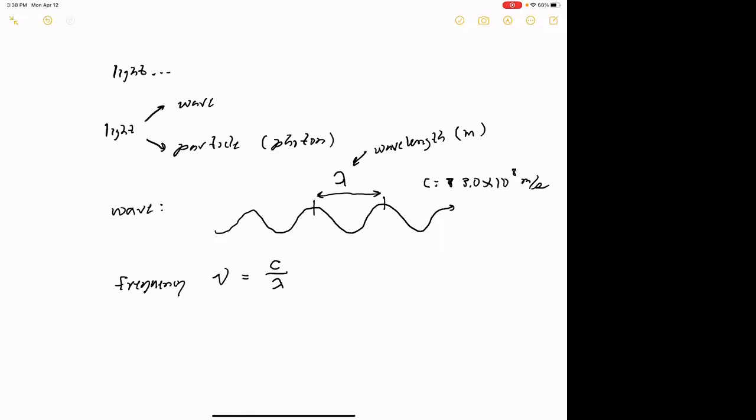And you can kind of see that, right? Because if I were to compare two waves of light, what if I put another wave underneath this? I'll make the amplitude a little different, but that doesn't matter. Obviously, the one at the bottom has a higher frequency. Now, if they're both moving at the same speed, frequency is basically how many peaks are going to pass by me per unit time.